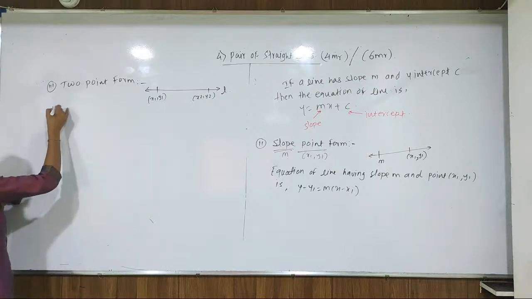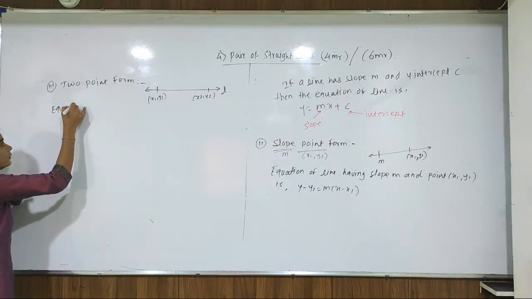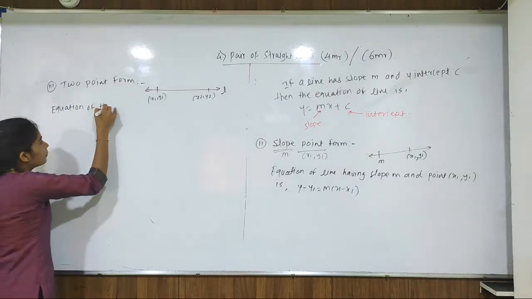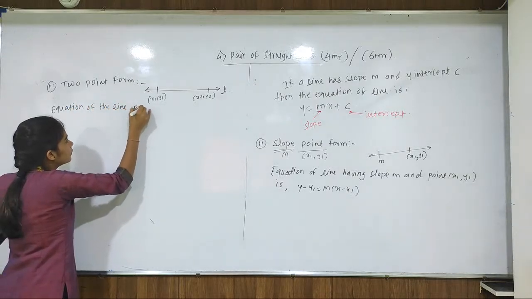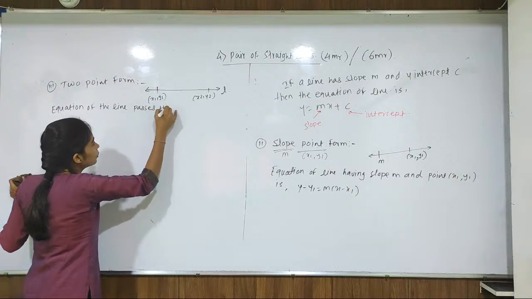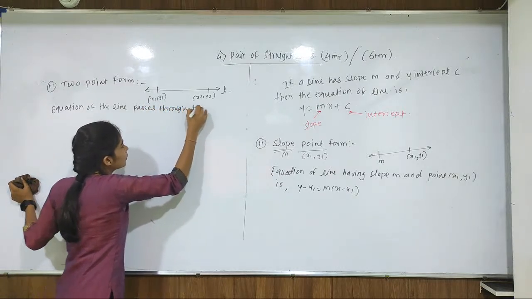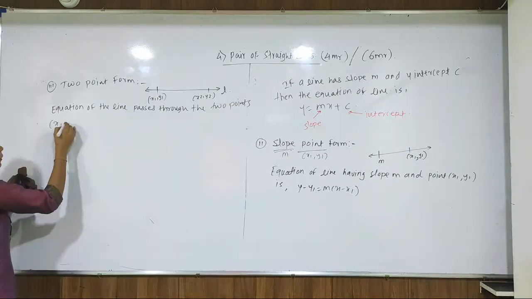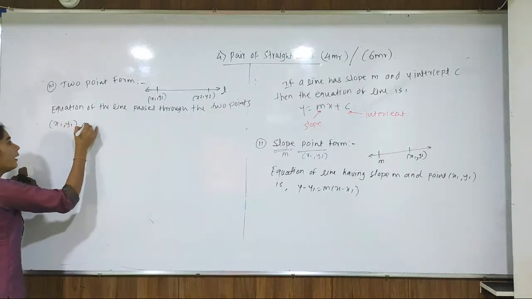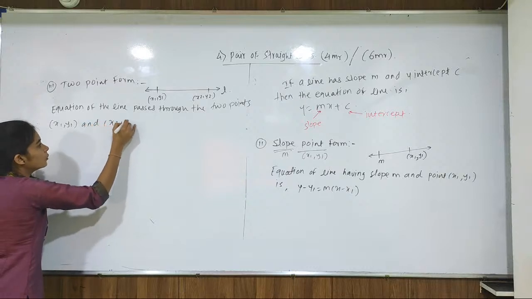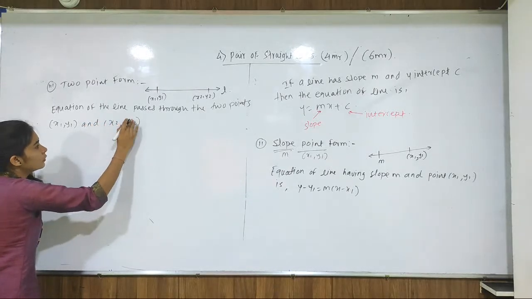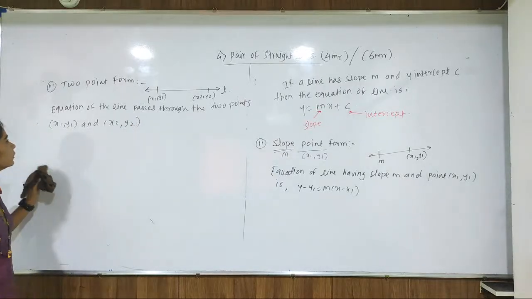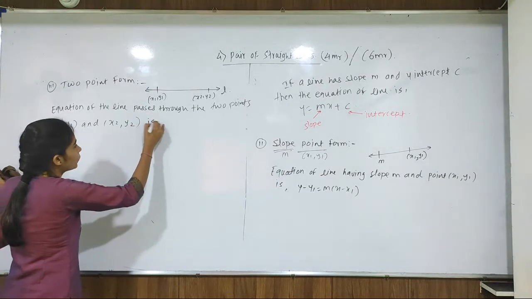Equation of the line passing through the points x1, y1 and x2, y2 is. So what will be the equation?